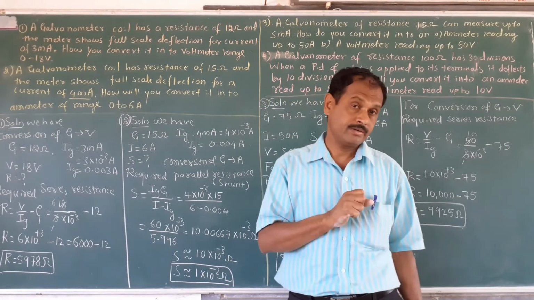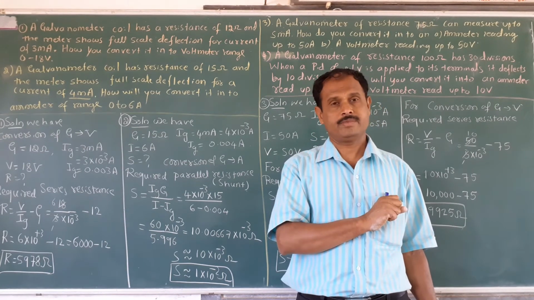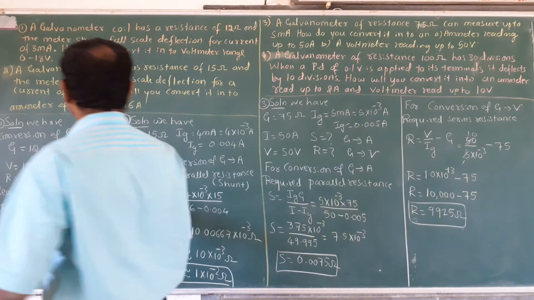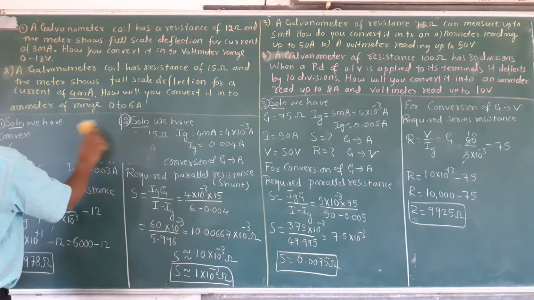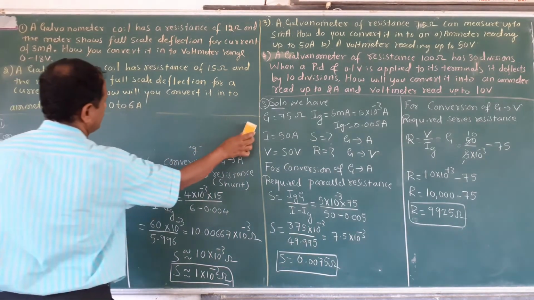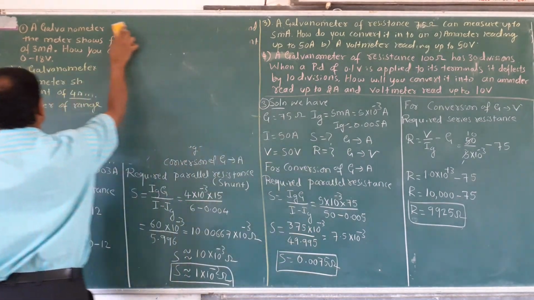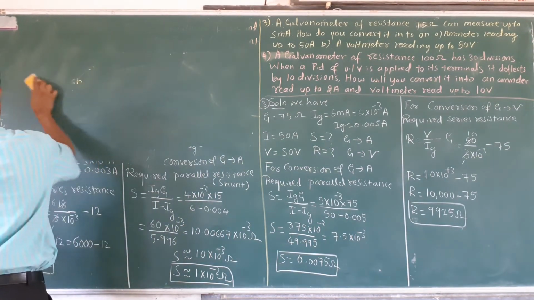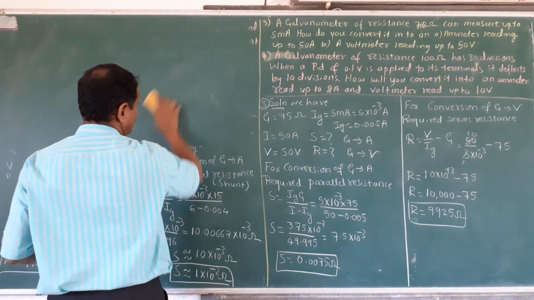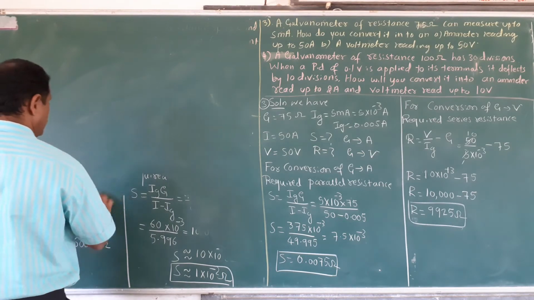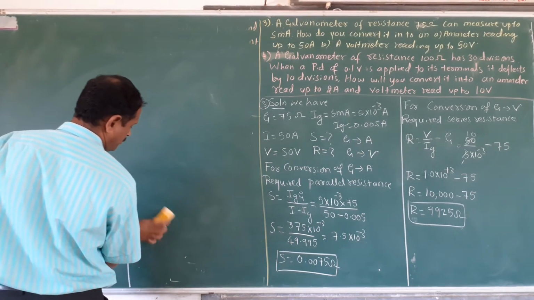How you convert, how you connected, that point must and should be written. That is the final statement for the conversion of galvanometer into voltmeter and galvanometer into ammeter.